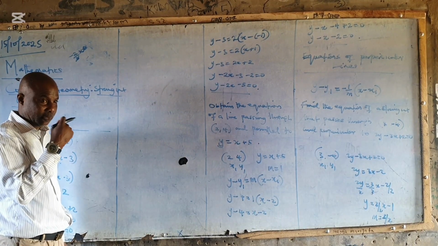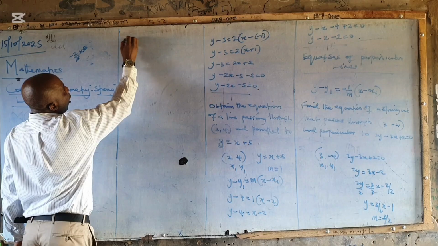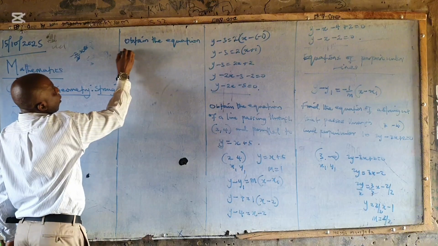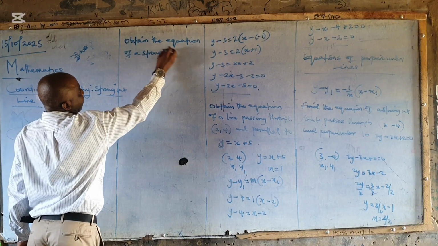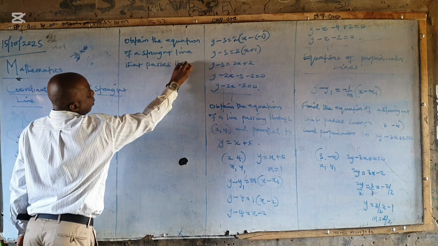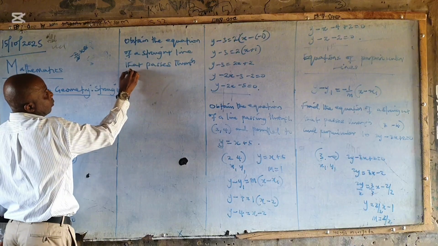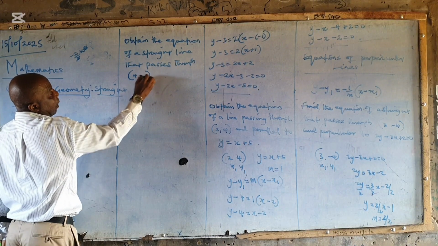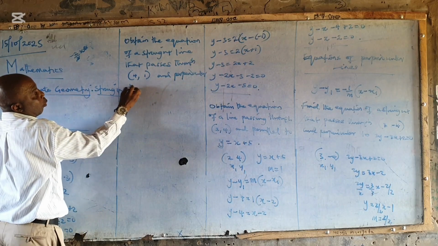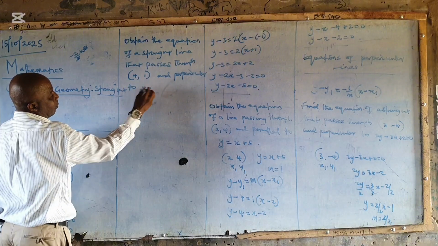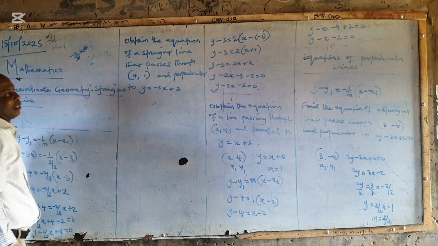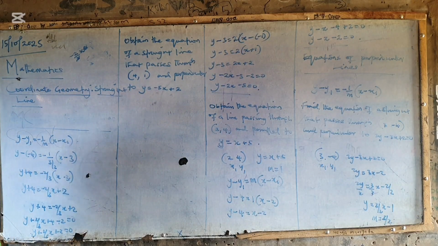Now, when you come across something like this: obtain the equation of a straight line that passes through 4, 1 and is perpendicular to y equals minus 5x plus 2.